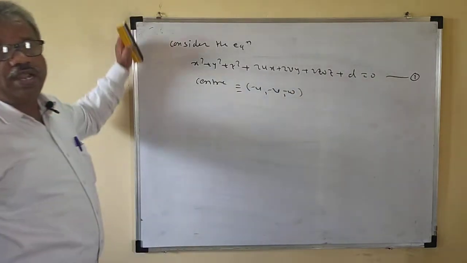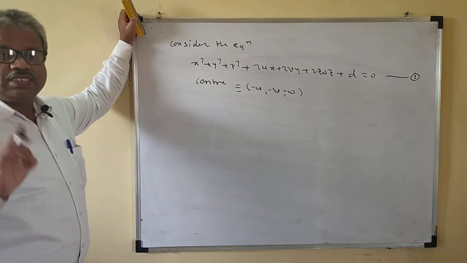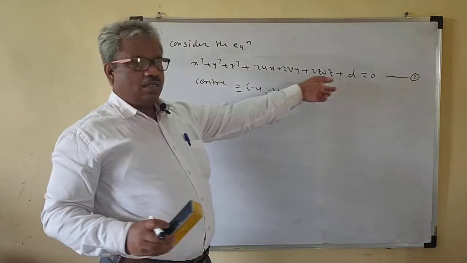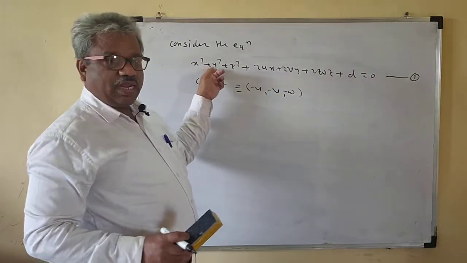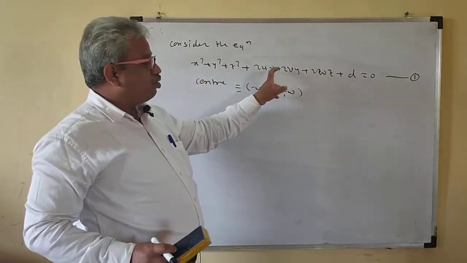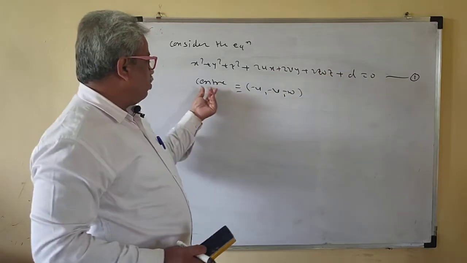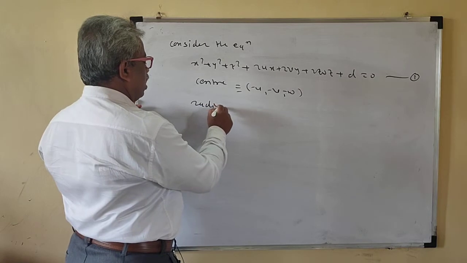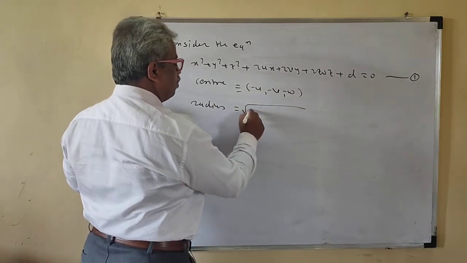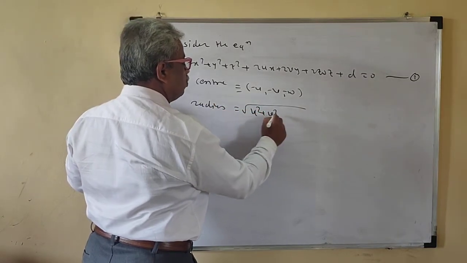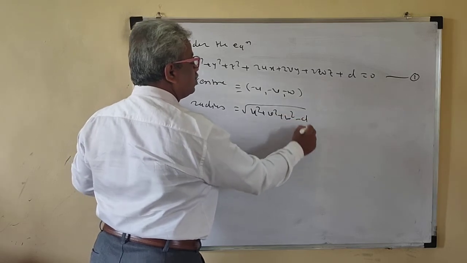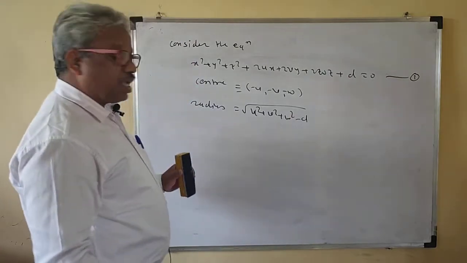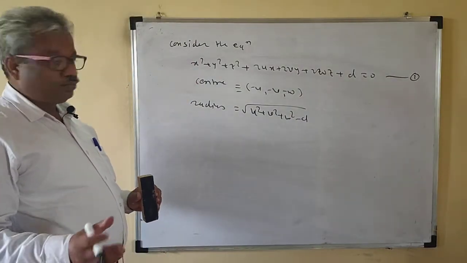That means if you want to find the center and radius of the sphere, compare this equation with this, find out twice u, twice v, twice w and d, and your center will be minus u, minus v, minus w, and the radius is root of just the sum of the squares of the center coordinates, and just subtract the constant. Whatever this is, if it is minus, then this becomes plus now. So you have to take care. You have to subtract d.